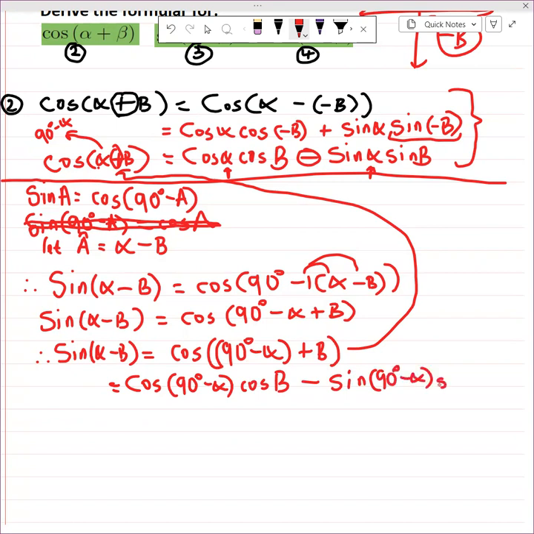And then we have sine B. Remember, this is still sine alpha minus B. And then remember, the cofunctions rule says, if I have 90, cos changes to sine. And then here it's 90 minus, so it's positive. So it's just going to be positive sine alpha.